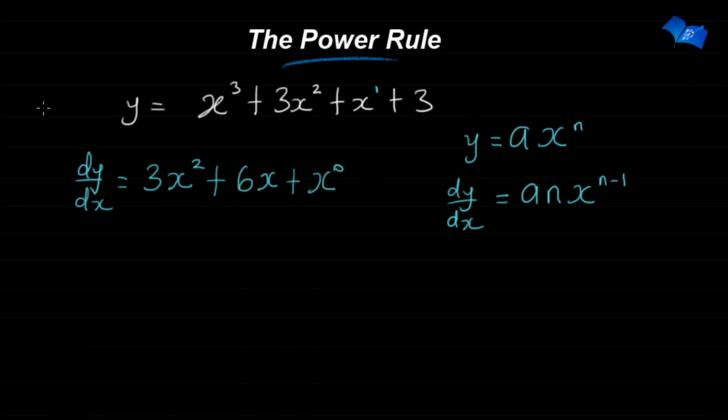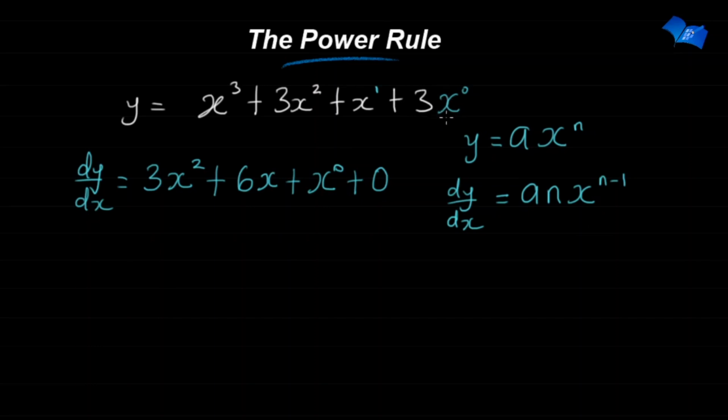And then this one, for any constant term, you can assume there's an x raised to power 0 attached to it. x raised to power 0 is 1, so 3x raised to power 0, so that we can still apply these rules here. So 0 times 3 will be 0, so this whole thing will become 0, right? So this will be plus 0. Now, you don't have to do this for every constant term. 3 is a constant, 5 is a constant, minus 10, 20, like that.